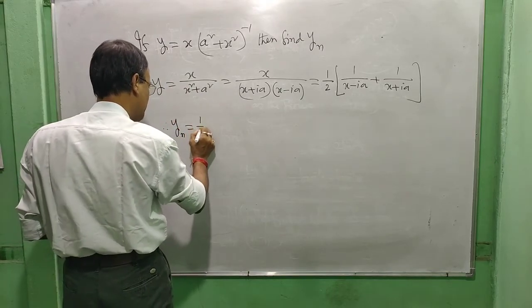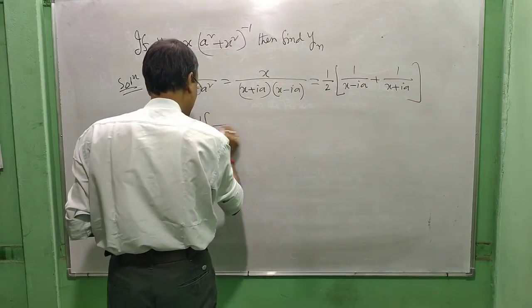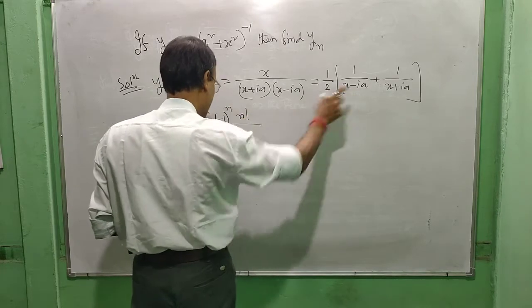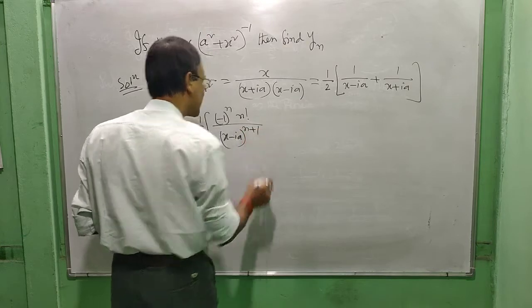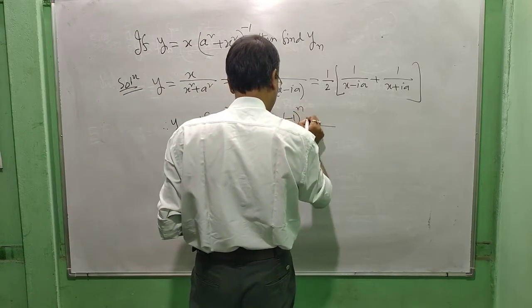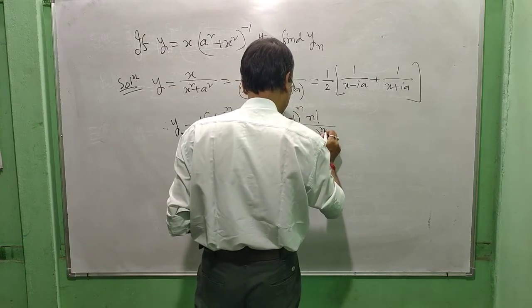Therefore yn is equal to 1 by 2 times the nth differentiation of this, which will be minus 1 whole to the power n factorial n divided by (x minus ia) whole to the power n plus 1, plus minus 1 whole to the power n factorial n divided by (x plus ia) whole to the power n plus 1.